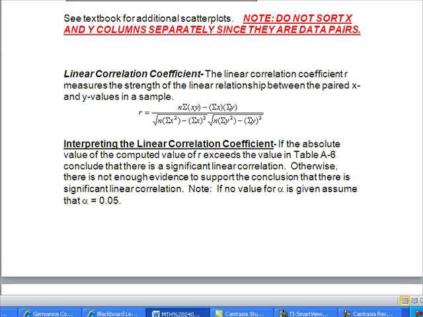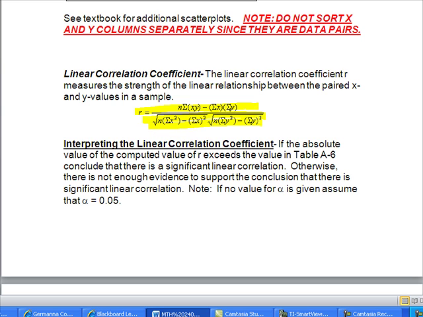All right, the formula for the linear correlation coefficient R, the value that measures the strength of the linear relationship between the paired X and Y values in a sample, is this ugly looking character right here.